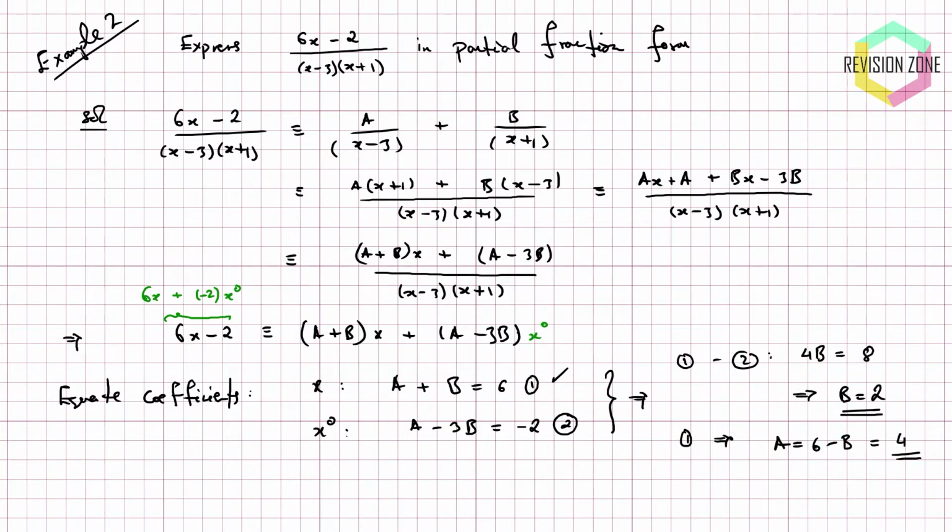So we've managed to solve this, and we can indeed say that (6x minus 2) over (x minus 3)(x plus 1) (it doesn't really matter if I change the order there, because multiplication is commutative, but let me just write it in the same way that we've been writing this down) is going to be identical to 4 over (x minus 3) plus 2 over (x plus 1). And of course, it's worth just checking this very quickly.